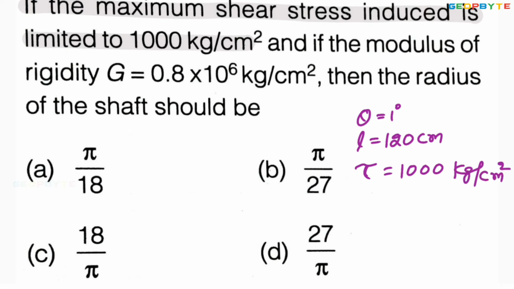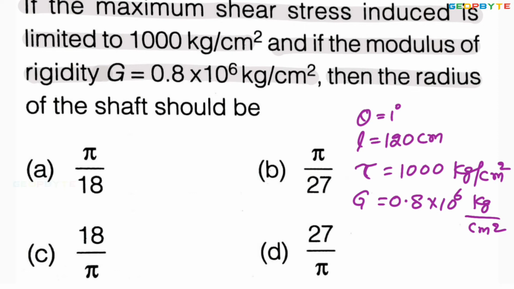Though it is given as maximum, you can simply write tau. And the modulus of rigidity G is equal to 0.8 into 10 raised to 6 kg per cm square.